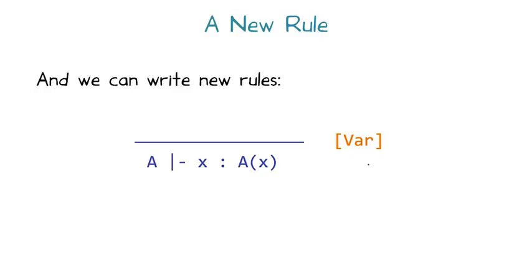And now we can write new rules, such as this axiom schema for typing variables, which we call schema var. Under environment A, it is provable that X has type A of X. A of X refers to the type assigned to X under the environment mapping A.